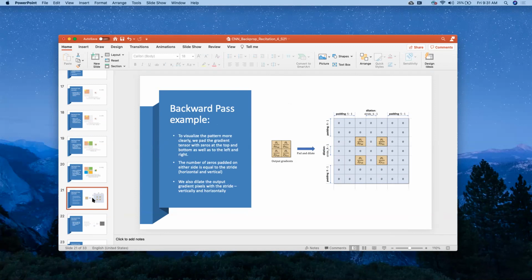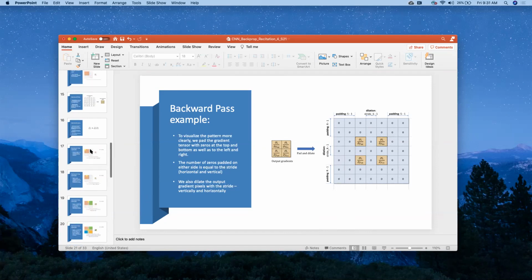I cannot get your question. Are you asking if this was not a 2 cross 2 feature map but a 3 cross 3 feature map, how I would map it back in an easy way? Kind of, yeah. If you've got this 2 cross 2, then you will know the size of the upsampled matrix, just like the formula that I have mentioned here.